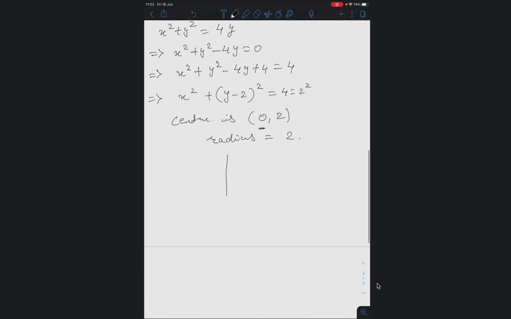So the circle will be something like this. This is the x-axis, this is the y-axis. The center is 0, 2, somewhere here. That is the center, and the radius is 2. So something like this you are going to get. Understood now? Okay, you draw it properly.